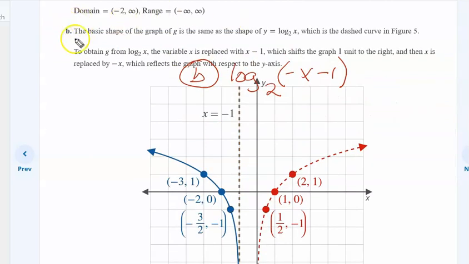And part B now, there's our function. Again, it would be log of base 2, which would be the red shape.